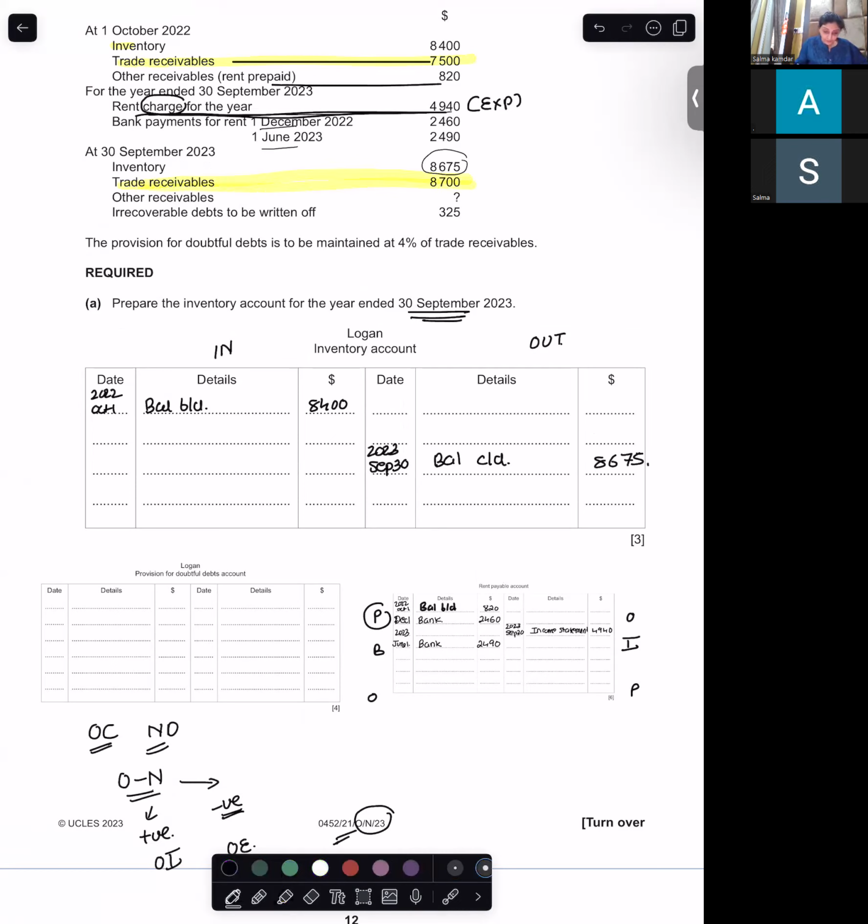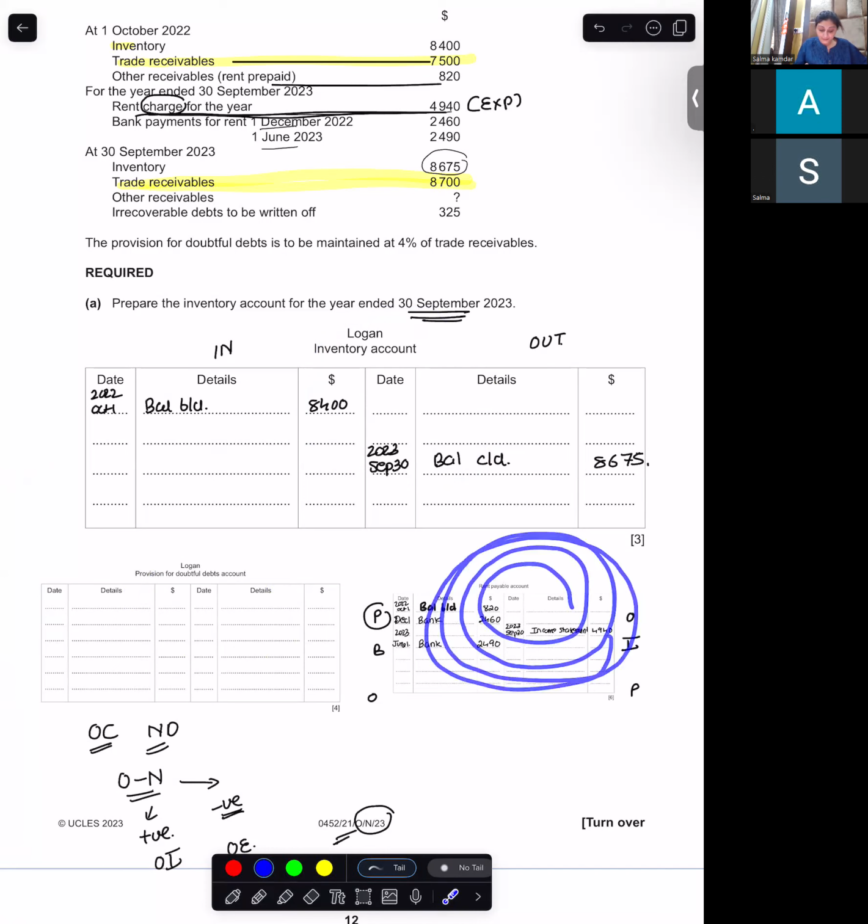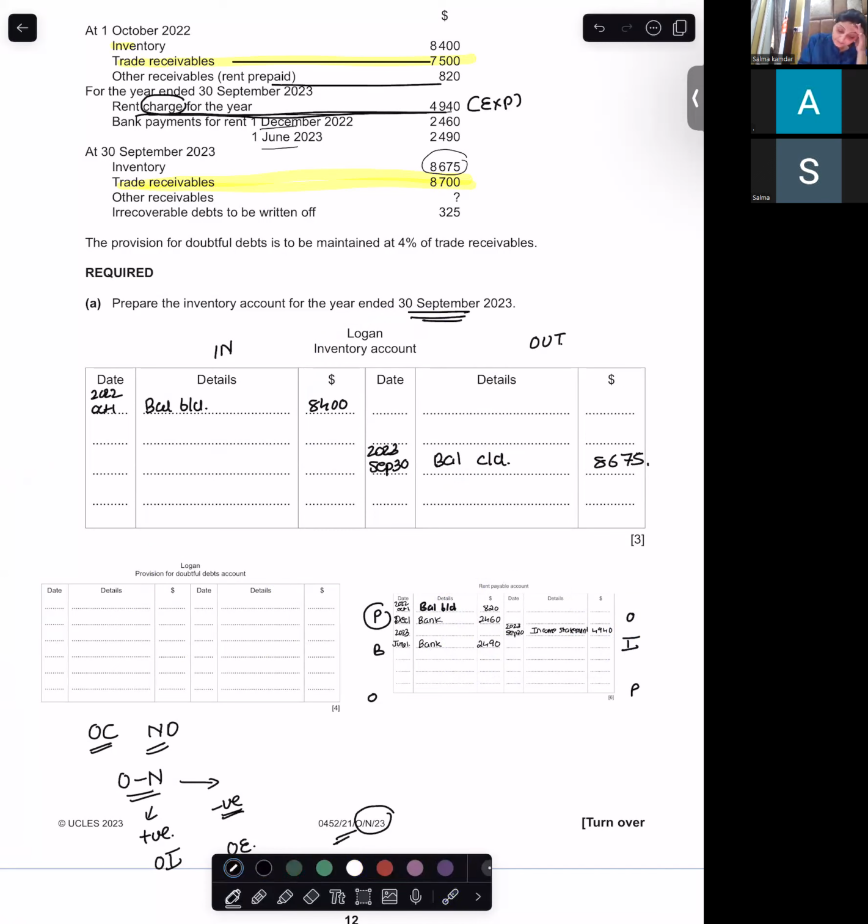We have three accounts to make: first the inventory account, second the provision for doubtful debts account, and third the rent payable account. Trade receivables will help us to make the provision for doubtful debts account.